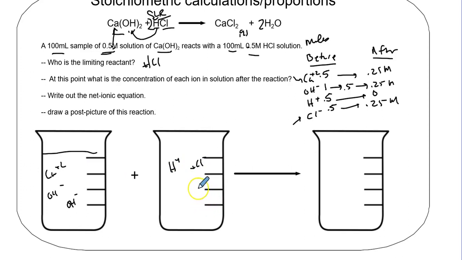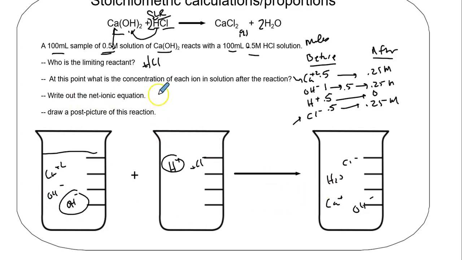And at that point, we would just simply have the H and the OH grab each other. This guy grabs that guy, forms a water, and then things just sort of hang out. I have my calcium still there, my chloride still there, my excess hydroxide still there. Notice that half of my hydroxide's gone, and that's it.